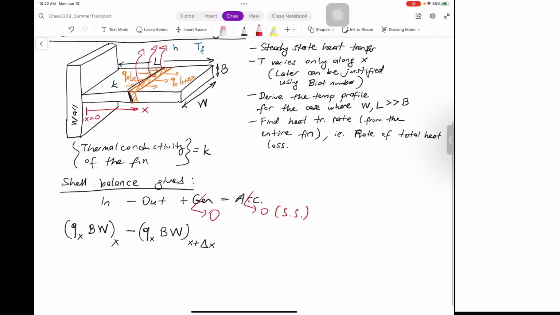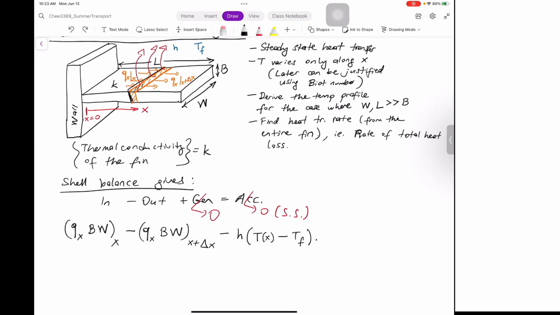And it's basically the convective heat loss, how much heat is being lost there. It's the heat transfer coefficient H times the temperature difference, T at X minus T of the fluid, times the area which is exposed to the air.